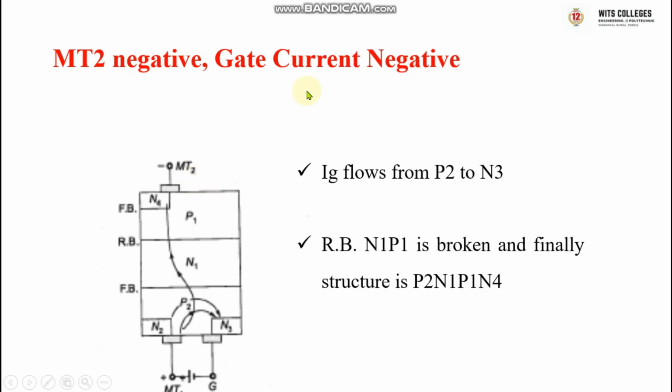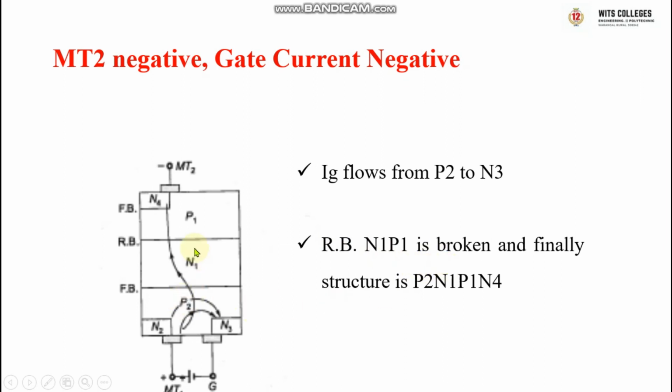Next, MT2 negative, gate current also negative. So this is the fourth quadrant operation. Gate current flows from P2 to N3, and the conducting path is P2 N1 P1 N4.